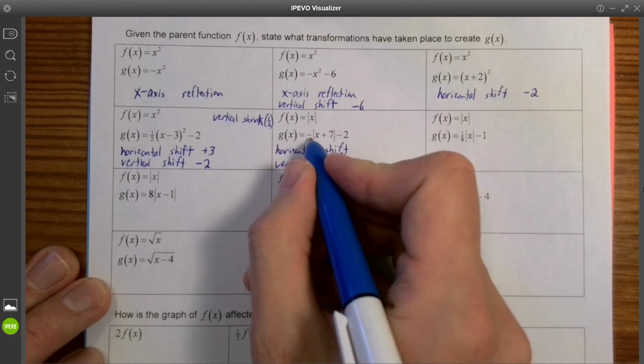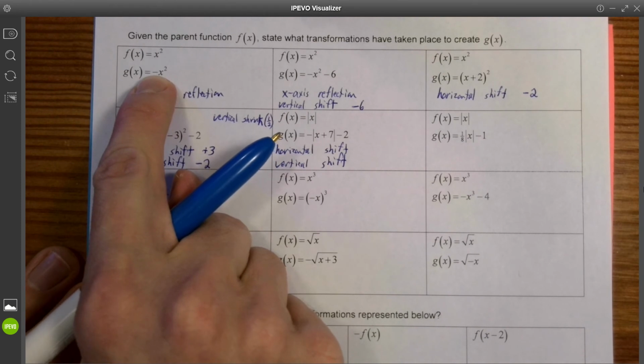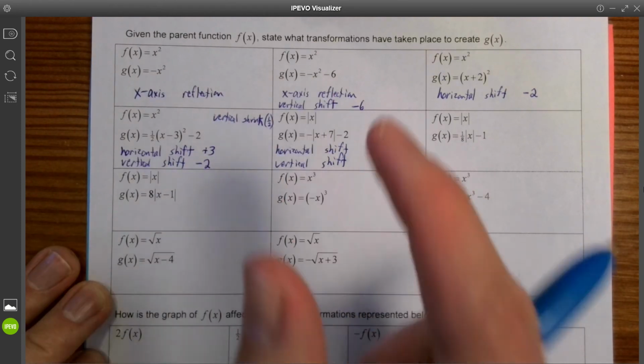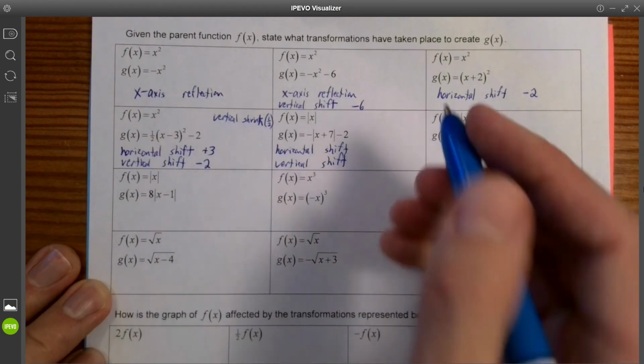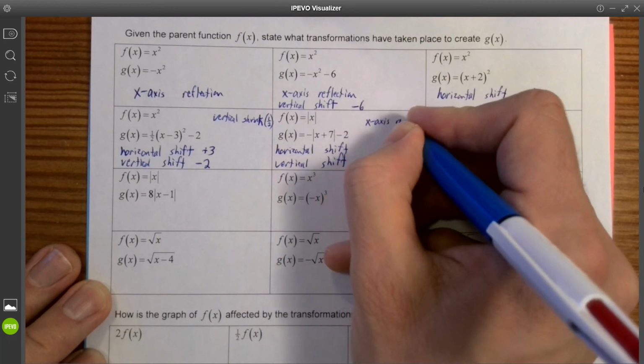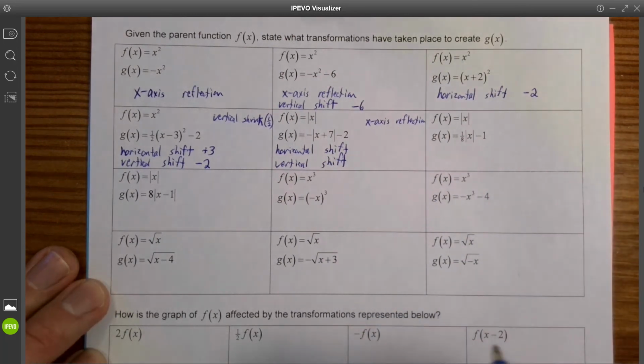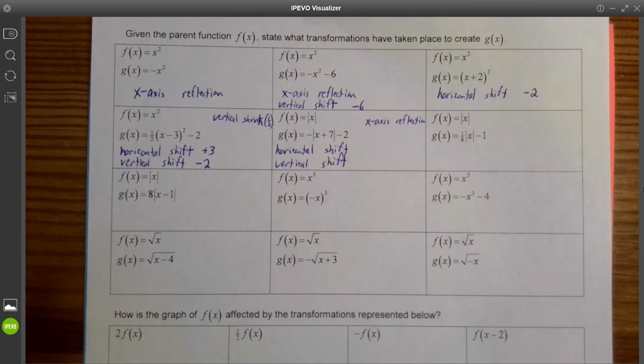And that negative right there, see that negative right there? What did that negative do? I believe that gave us an x-axis reflection. And technically that would be the first thing we really did before we started shifting things around, right? Flipped it over. Vertical reflection.